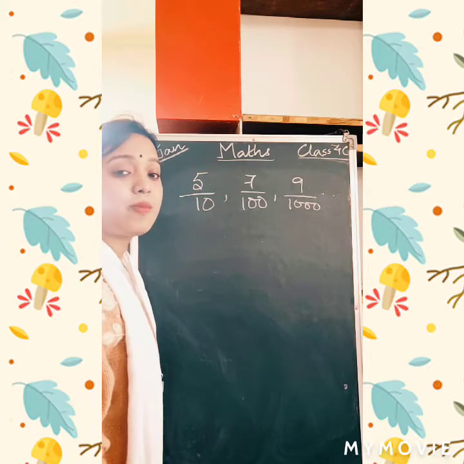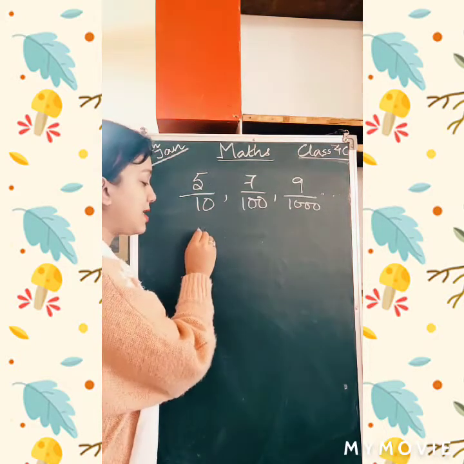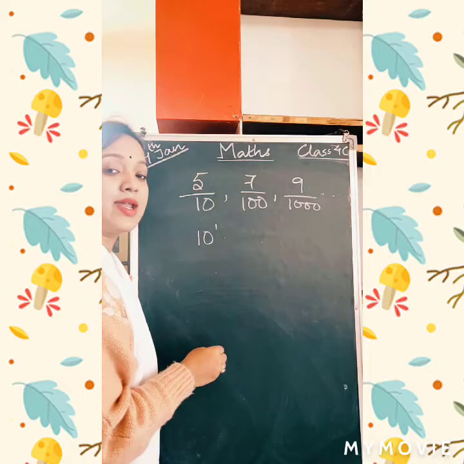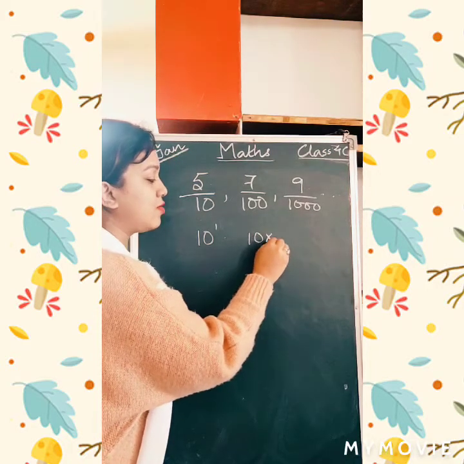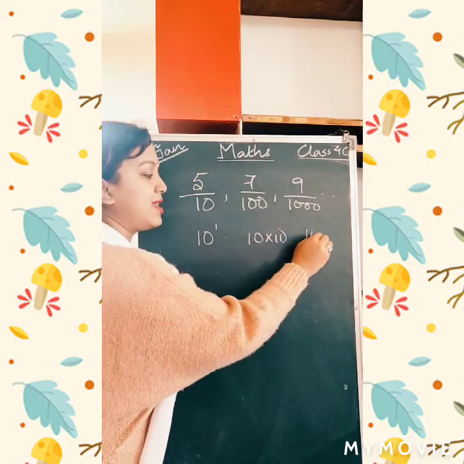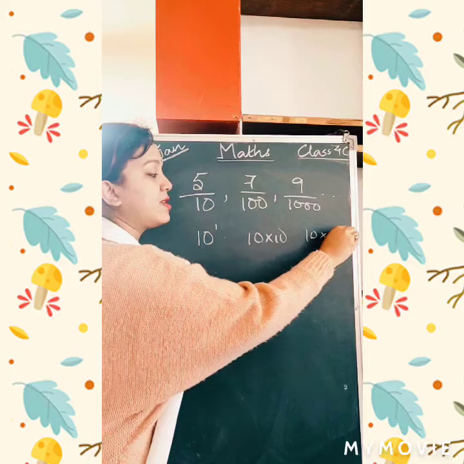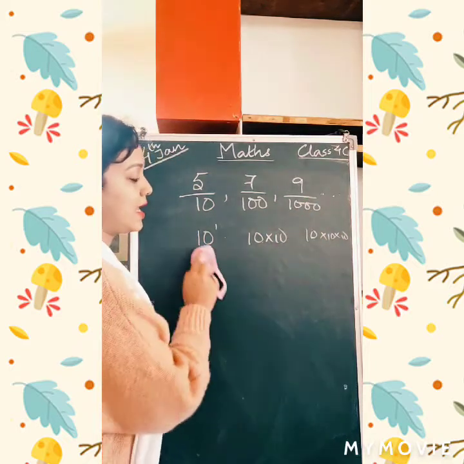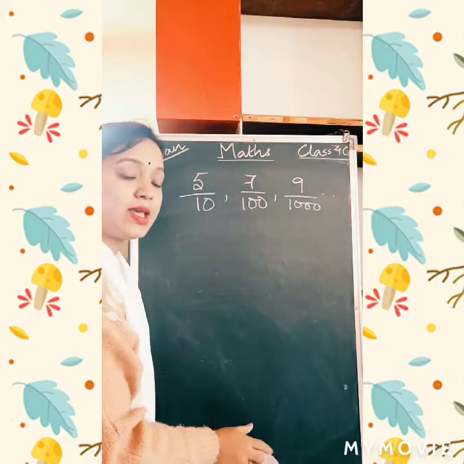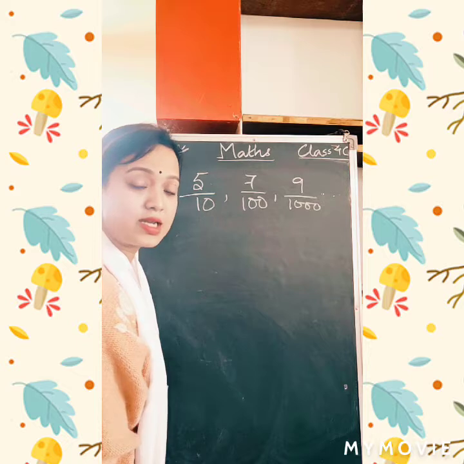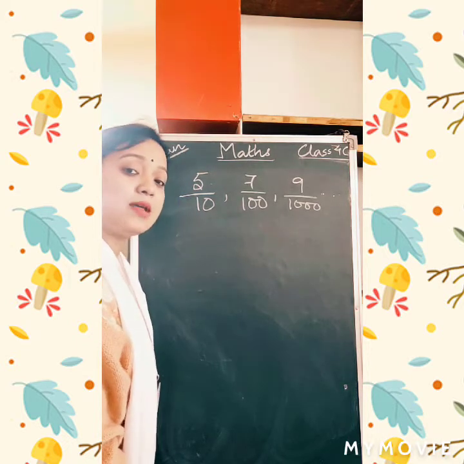Why am I saying powers of 10? Because 10 to the power 1 is 10. 10 into 10 is 100. Then 10 into 10 into 10 gives you 1000. Like that, any powers of 10 can be in the place of denominators, but the numerator can have any numbers.